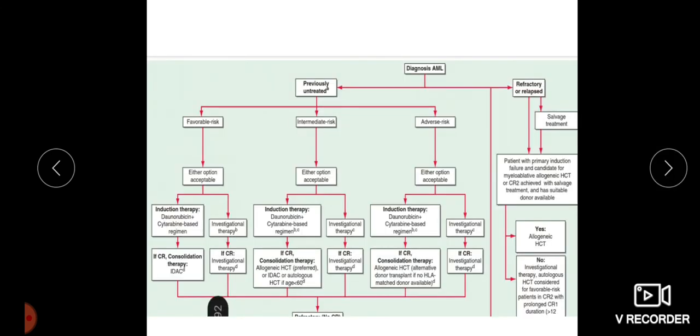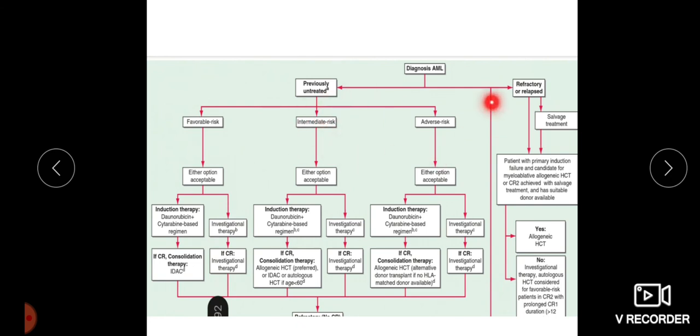This is a flow chart we can see here: favorable risk, intermediate risk and adverse risk. For favorable risk, we can start with a daunorubicin and cytarabine based regimen. After complete remission, we can start them with intermediate-dose cytarabine regimen.